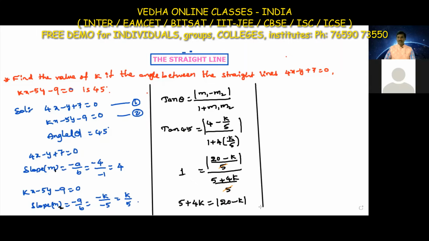Now if we remove the modulus symbol, we get plus or minus. That means 20 minus k is equal to plus or minus of 5 plus 4k.